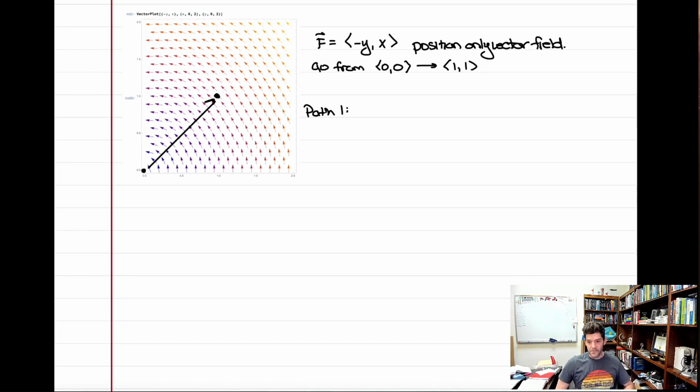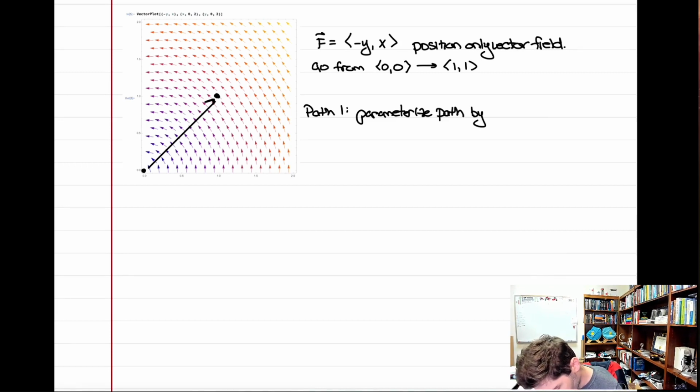So again, the first step is I need to come up with some sort of parameterization that will take me from 0, 0 to 1, 1. I'm going to parameterize the path by, and I'm going to use s instead of t, s, s with s ranging between 0 and 1.